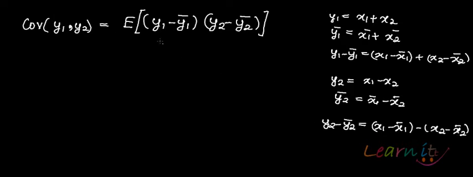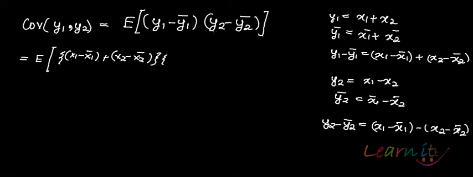So you can substitute these values here. What you'll be getting is E of x1 minus x1 bar plus x2 minus x2 bar, into x1 minus x1 bar minus x2 minus x2 bar.